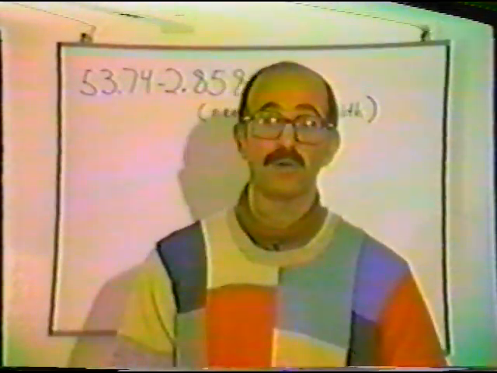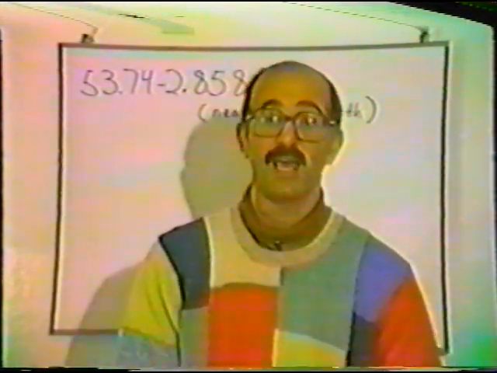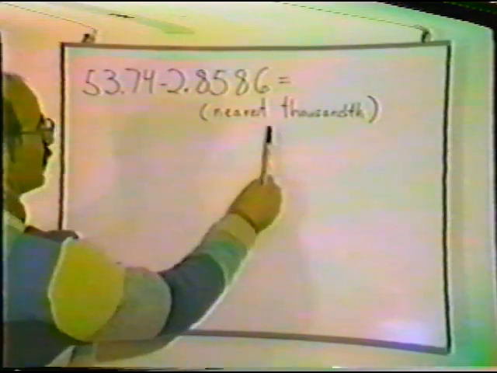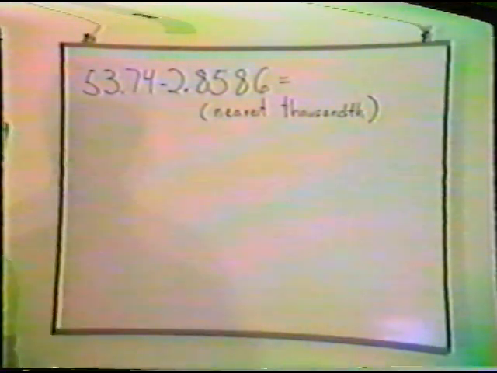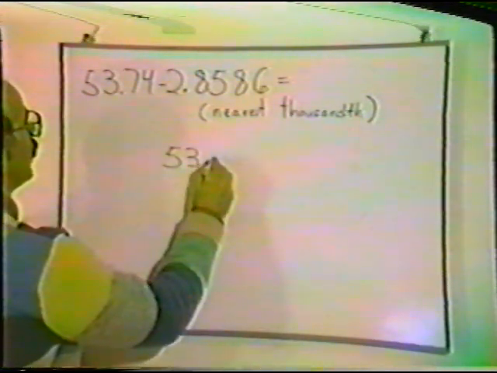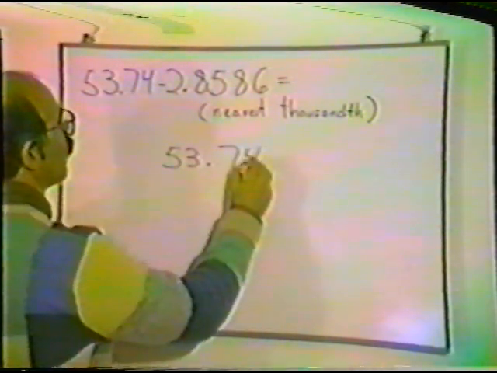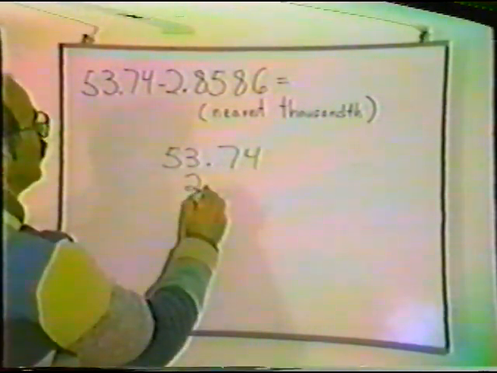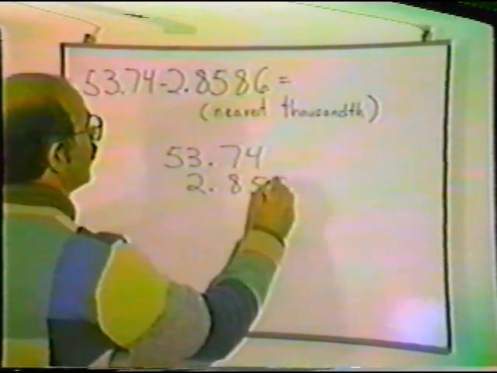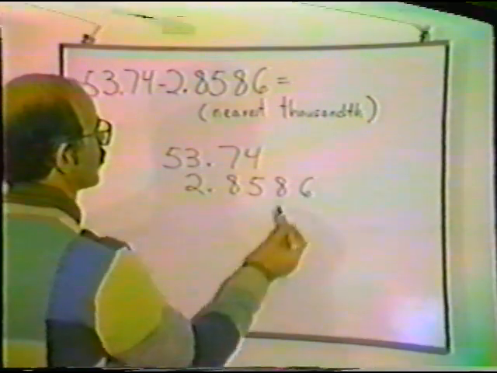This time we're going to subtract, and we're going to round off our answer to the nearest thousandth. 53.7428 minus 2.8586.